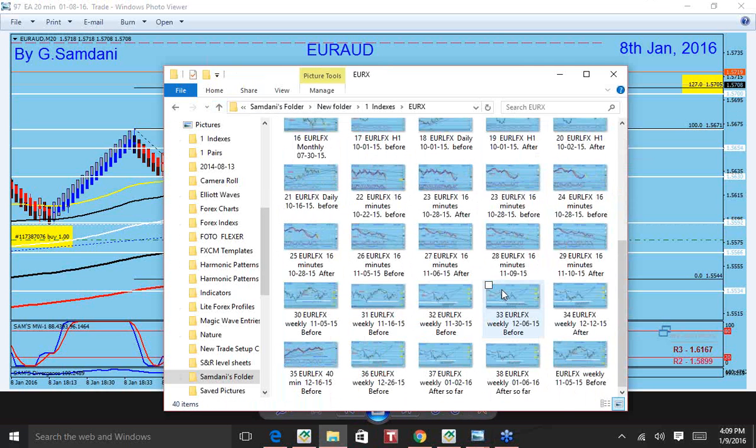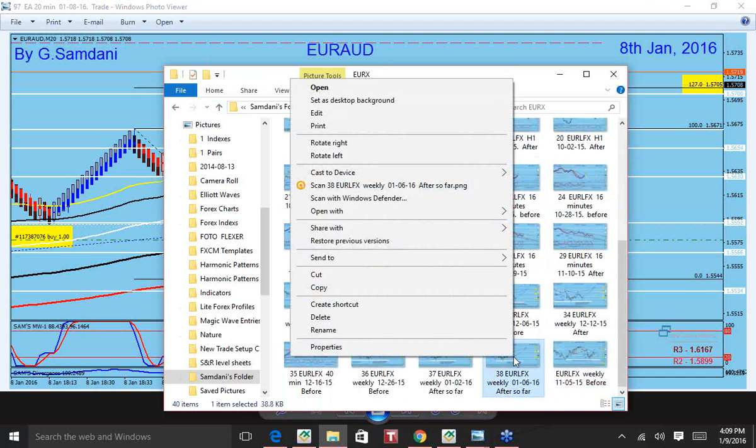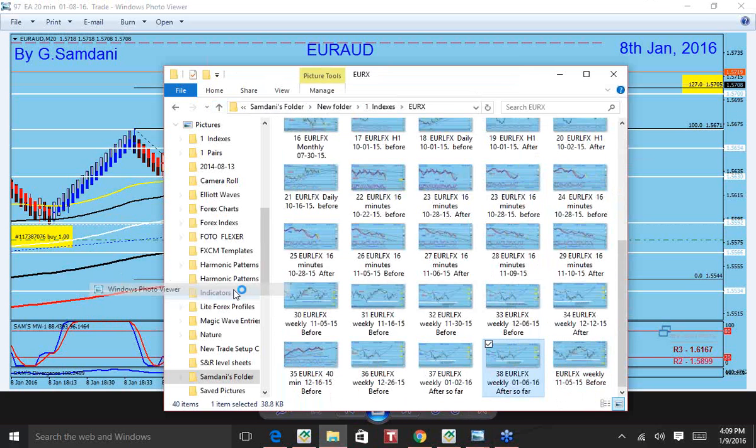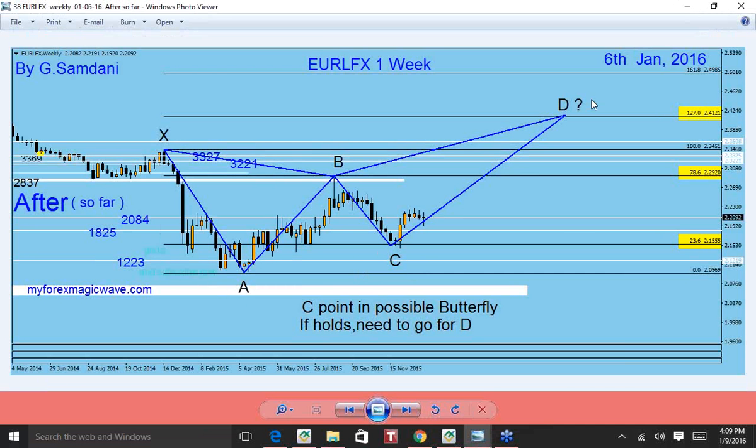Euro Aussie, I've been trading because of the weakness of Aussie, but you have to see what else there is: this Euro index butterfly in the making. Now, I do trade very creatively. These patterns, I start trading from the C point. If you catch the C, you can see how long the D point is, how far it is, how many pips.